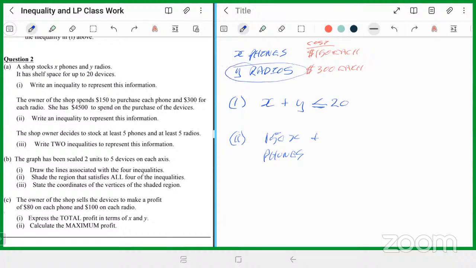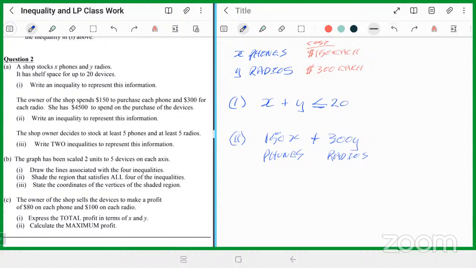You just don't know what Y is. So the money that he's spending on the radios is 300Y. I don't need to put the dollar sign. So the total amount of money he's spending is 150X plus 300Y. That's the amount of money that he's spending.